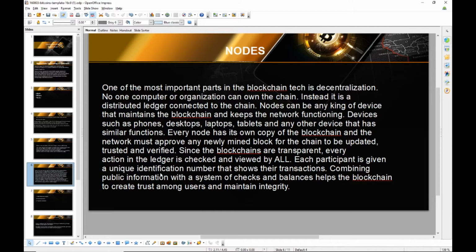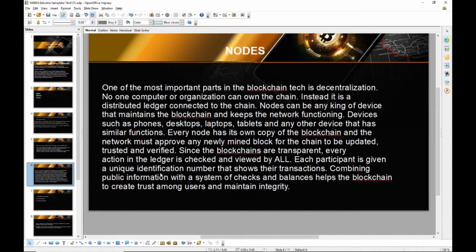So you can turn your phone, your computer, your tablet into a node. I've done that with one of my old phones, and I've even done that with my laptop. I've turned them into nodes that give me access and give me voting rights on certain ledgers of cryptocurrencies.